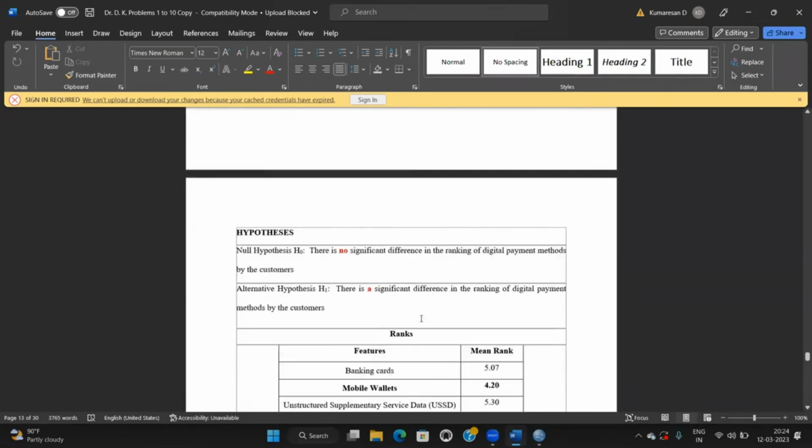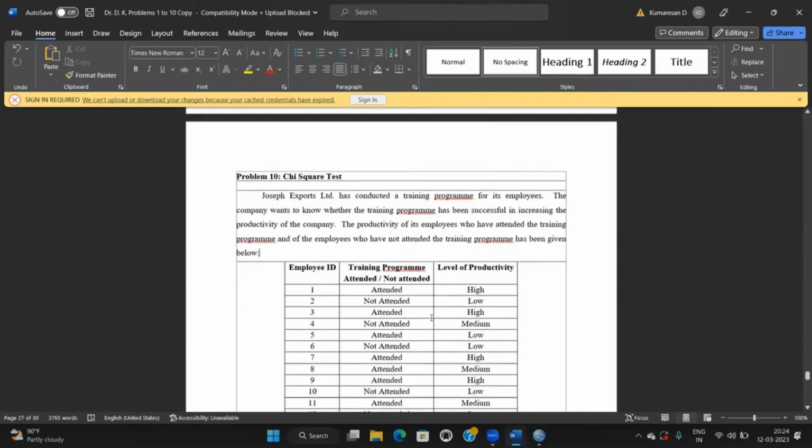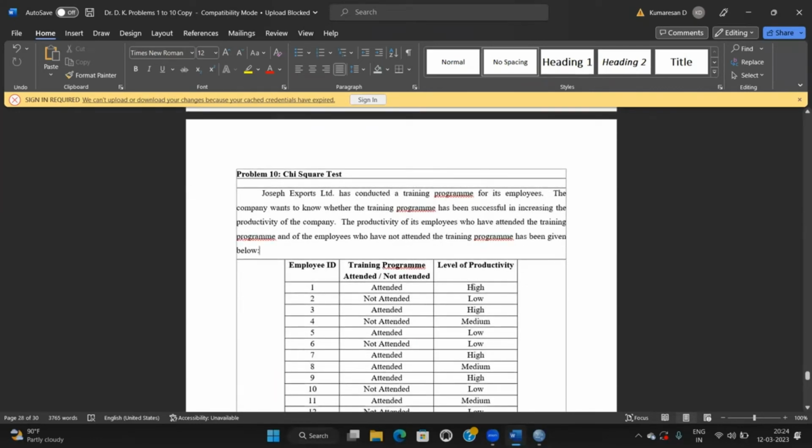The company wanted to increase the level of productivity of employees. For that, the company has conducted a training program. The company has asked the employees to attend the training program. Some employees have attended the training program. Some other employees have not attended the training program.